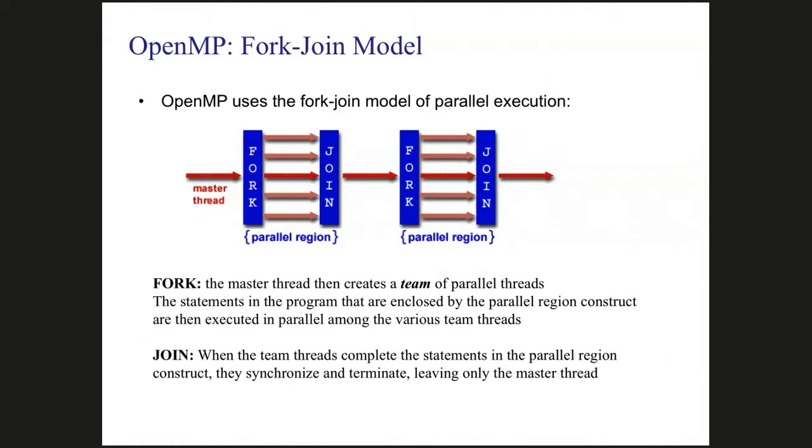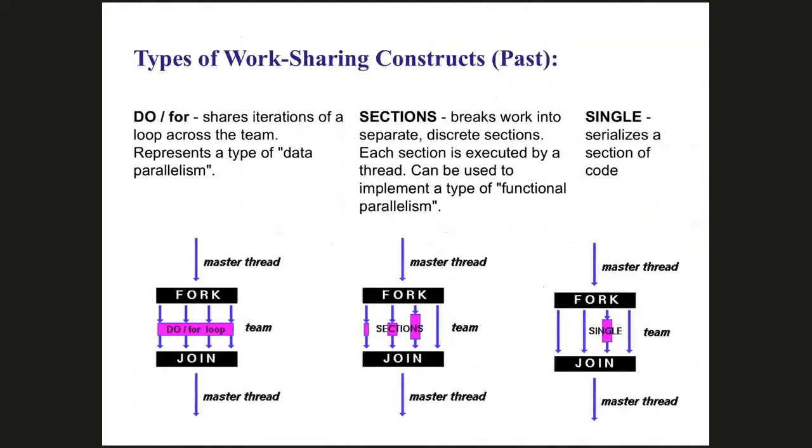The statements in the program that are included in the parallelizing construct are then executed in parallel among the various team threads. When the team threads complete the statements in the parallelizing construct, they synchronize and terminate, leaving only the master thread to run sequentially. So that's the basic model of a Pthread-type threading code.